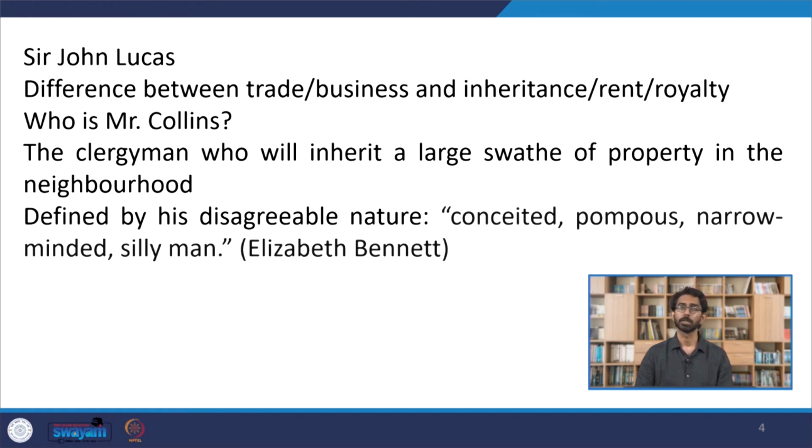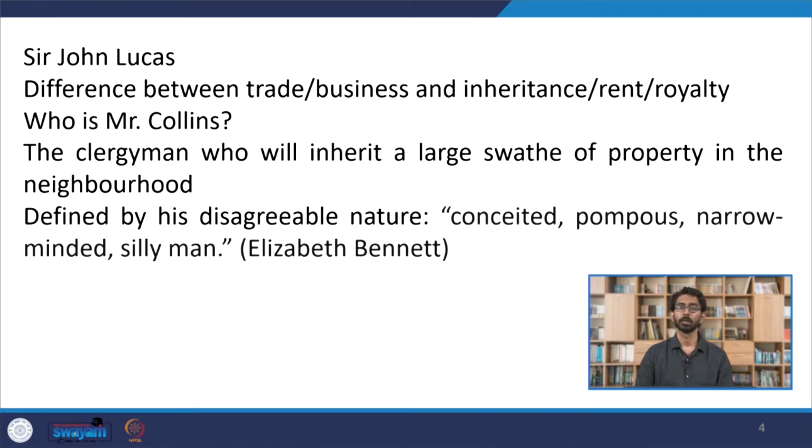While Sir John Lucas himself did not have to worry about money or property or his well-being, his daughter, Charlotte, had a lot to worry about. That's because he had not accumulated enough wealth, and therefore Charlotte did not stand to gain much by way of capital. She therefore depended on marrying into wealth and marrying someone who could inherit a property and therefore ensure her well-being.